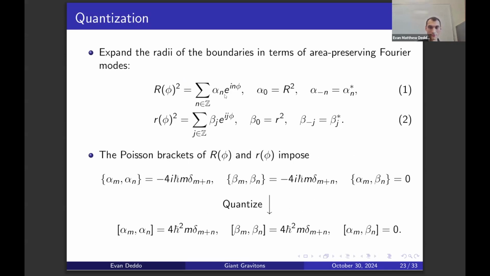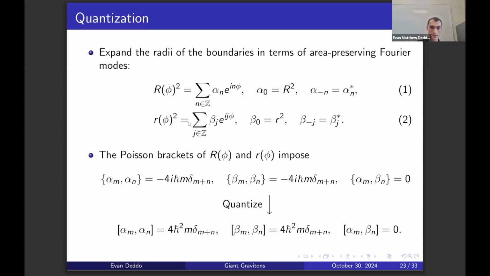But also, if we do it in this way, these Fourier modes will end up preserving the area, which is exactly what we need. So the first mode should be equal to the original size of the non-fluctuated solution. And then we also have that these modes should satisfy some reality condition. And then we can do the same thing for the inner circle as well.